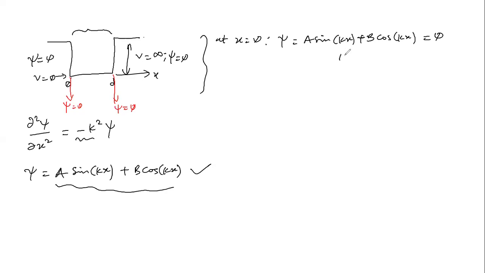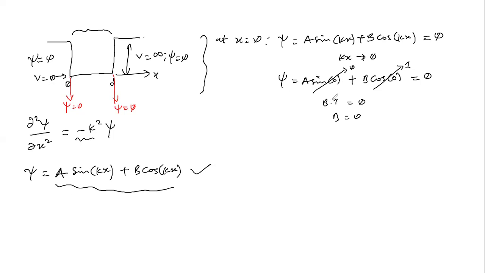If kx reduces to 0, then the wave function here will be a sin 0 plus b cos 0. Now this should give us 0. We know that sin 0 is the same as 0, but cos 0 will give us 1. So it means that b times 1 is equal to 0. So b is the same as 0.